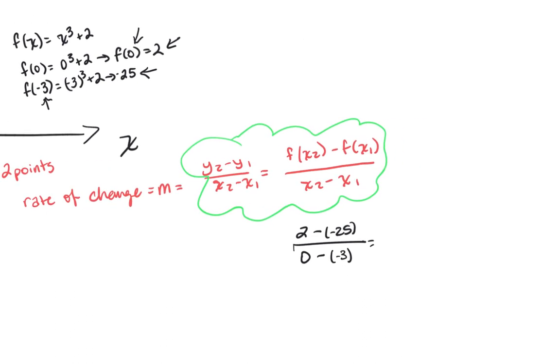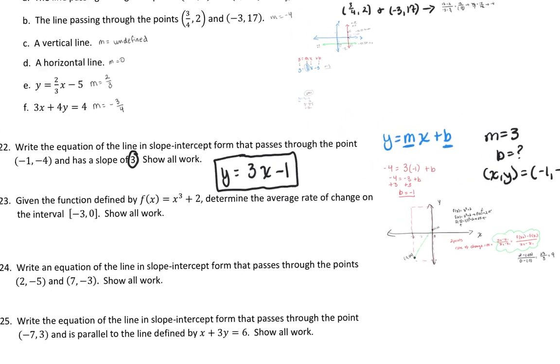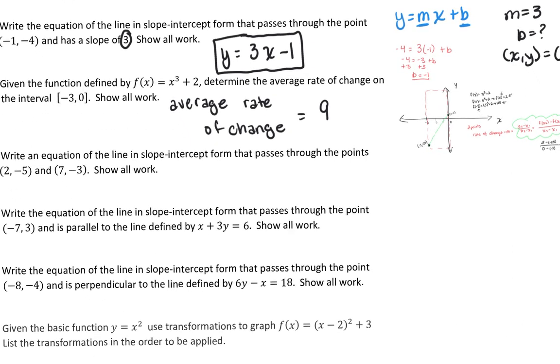So then what does that look like? 2 minus a negative 25 will give you a positive 27. 0 minus a negative 3 will give you a positive 3, which means that our average rate of change between those 2 points is 9. So you can just write something like average rate of change equals 9. All right, now on to the next problem.